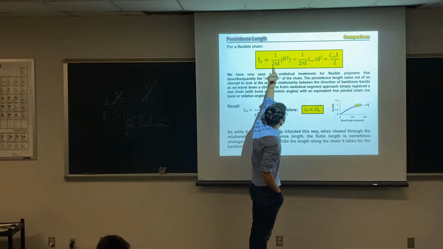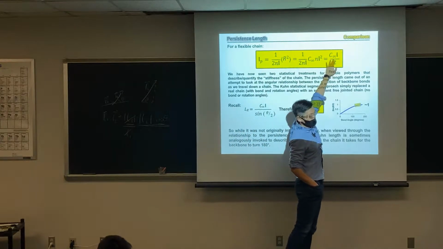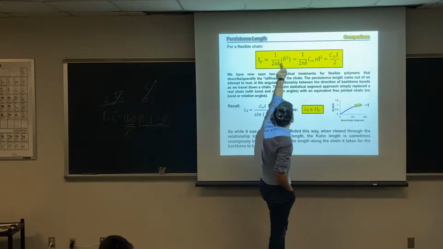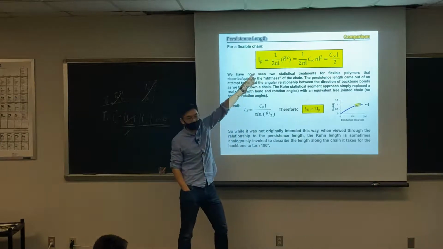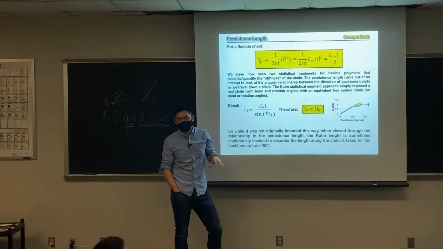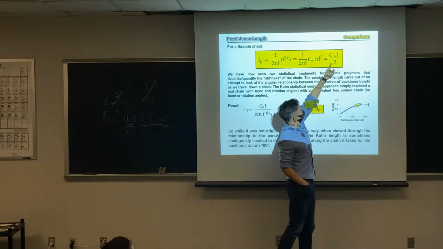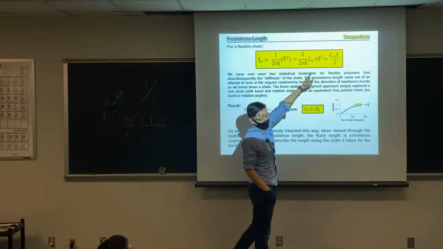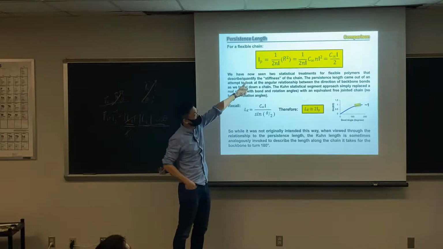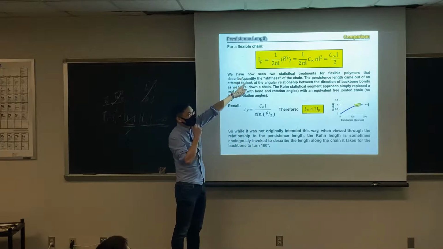So this tells you the conclusion of how the characteristic ratio depends on persistence length. In simple words, they scale proportionally because L is constant. So you don't change L. You change the polymer, you change the characteristic ratio.